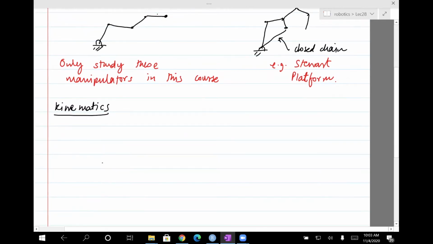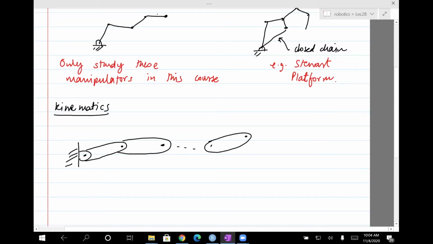So in general, here is a schematic of such a manipulator. There's a link, and there's another link. And here I'm only showing revolute joints, but it can be some other joint, could be a universal joint, gimbal joint, whatever you have in the case of the manipulator. And so keep going. Somewhere there is a link, call it link i. Of course, this is link 1, link 2, and so on.